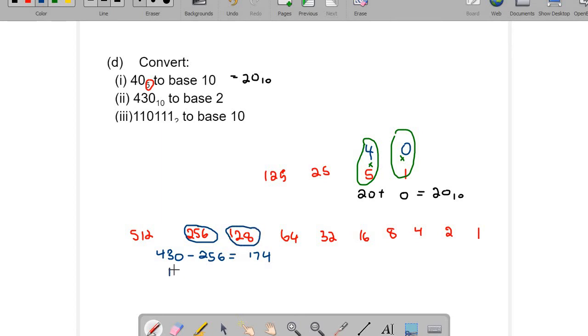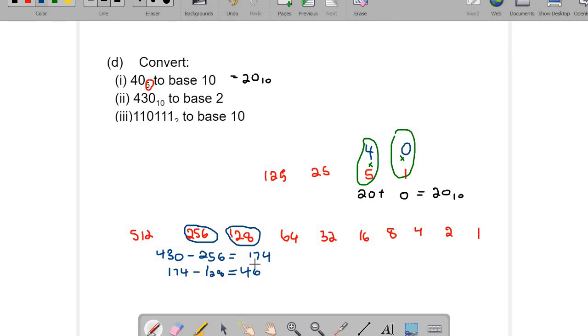So we're going to subtract again. And we're just going to keep repeating this until we get 0 as the remainder after we subtract. Okay, when I subtract this, I get 46. Alright, so you notice where I circle as I subtract. So as soon as I subtract the number, I circle it.